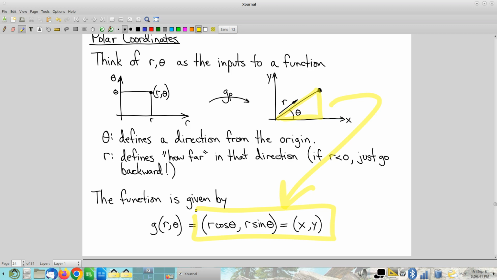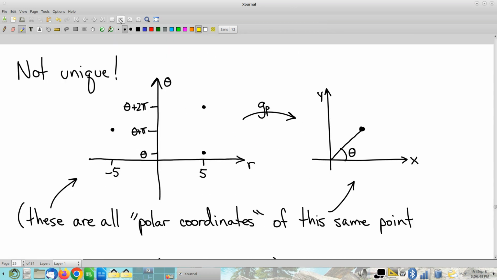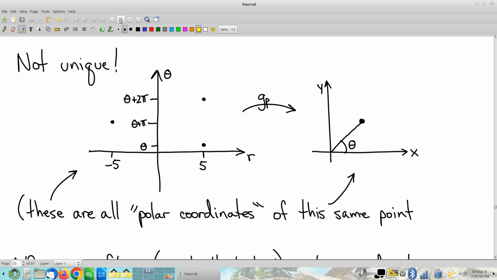All right. So moving along. Yeah, tragically, not unique. So here's an example. Let's think about this point right here. That point you can think of as relating to this angle, theta.